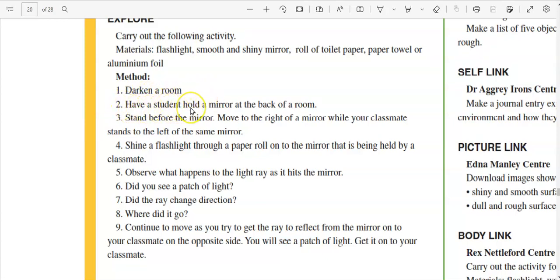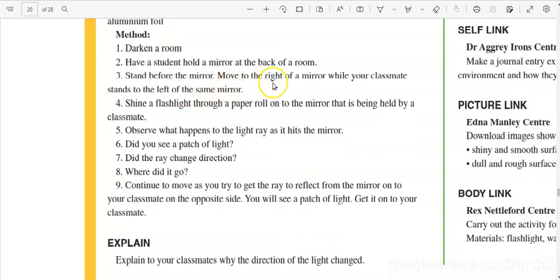Have a friend or another student hold a mirror at the back of the room. Stand before the mirror and move to the right of the mirror while your classmate stands to the left of the same mirror. Now shine a light through a paper roll to the mirror that is being held by the classmate. Now observe what happens to the light ray as it hits the mirror.